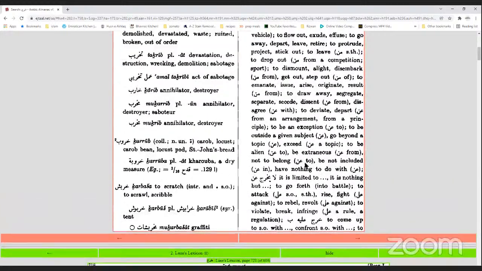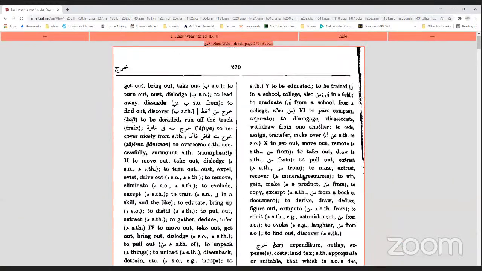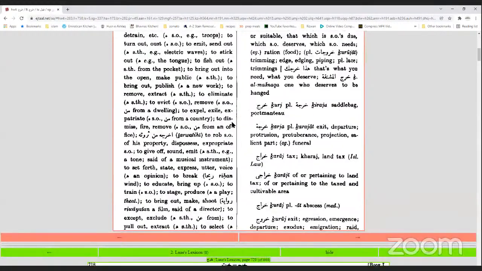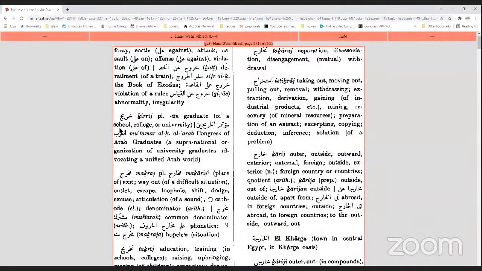Now let's go down. We'll go to the next page. Again go down. This is kharaja, kharaja, kharaja. Still kharaja is not finished on the second page also. Again I will go down. Here comes. So what is the makhrij?